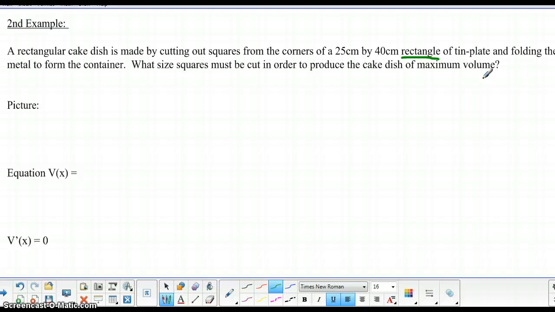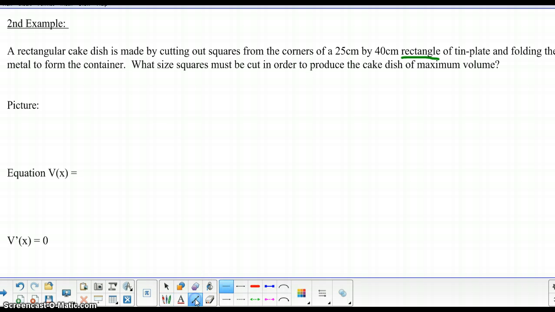So a little bit different than area. They want some maximum volume. So let's think about that, and let's draw a picture. Let's just start with a straight rectangle here. And we have 25 by 40, so let's say the 25 is here, and then our 40.